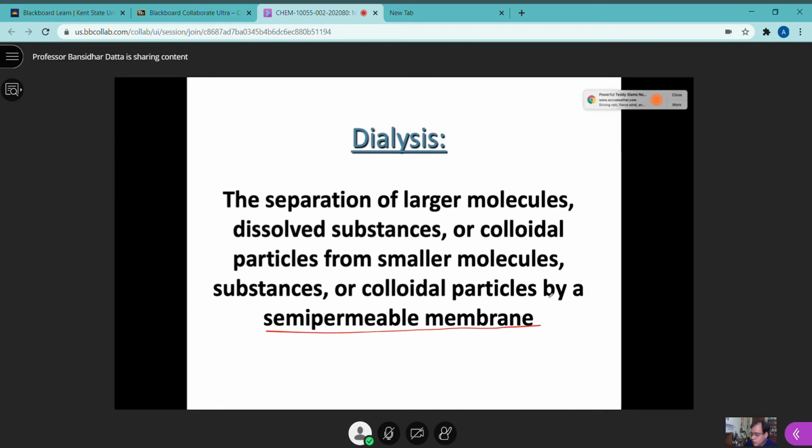That's the definition, that's the process. So basically, if you have some component in one solution, and those components are missing in a second solution, if you put them together, the component from the first solution will diffuse to the second solution. That's basically it. And I'll show you the application within a minute.